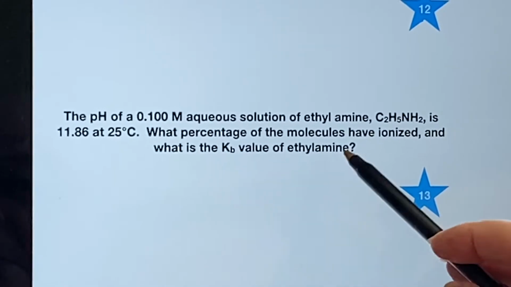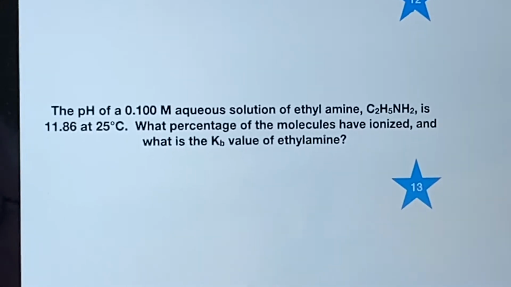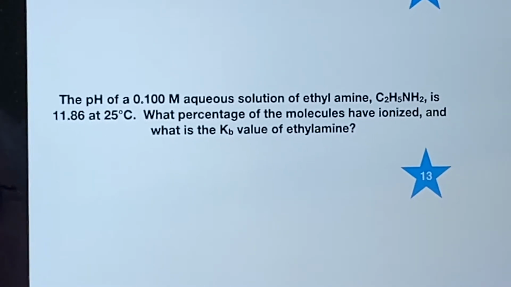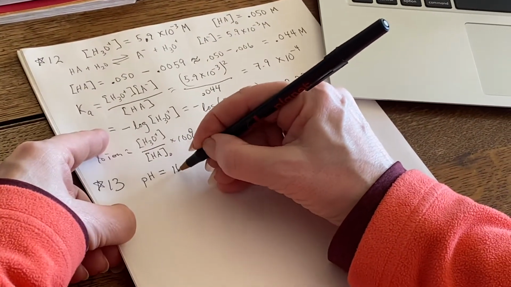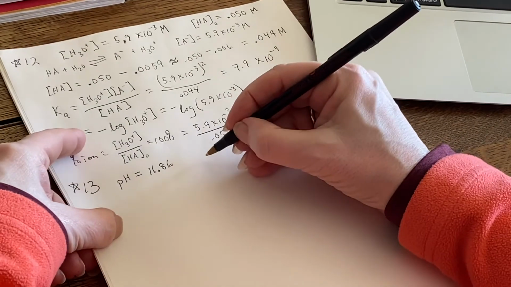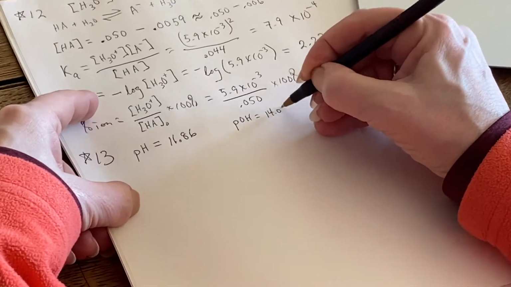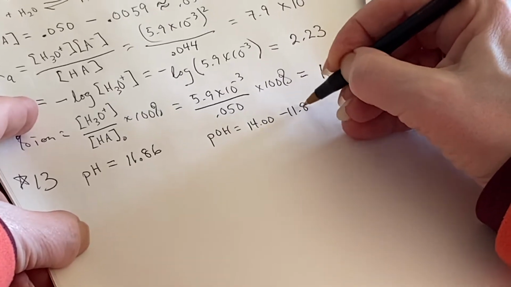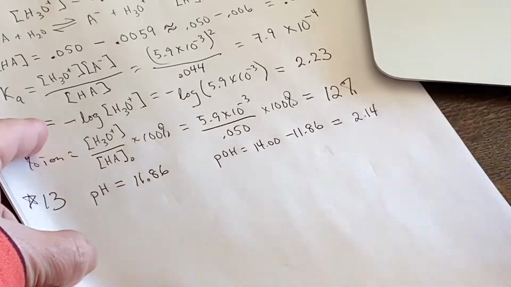For the next problem, I have a pH, and I want to know what percentage of molecules have ionized and what the Kb value is. Okay, I have to think just a little bit about that. They've told me that the pH is 11.86. That means that if I want to know the pOH, I'll take 14.00 and subtract the 11.86, and I will get 2.14.